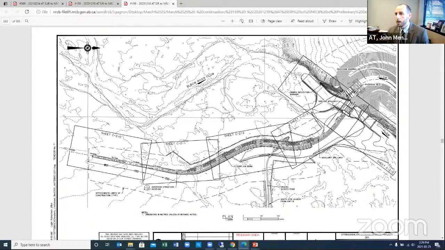And what that does is that allows us to reduce the amount of flow that goes into the channel, and in combination with the breast wall/bridge that we've been talking about a lot, to all function to keep the water levels in the river to a certain level to prevent too much water from going into the channel.